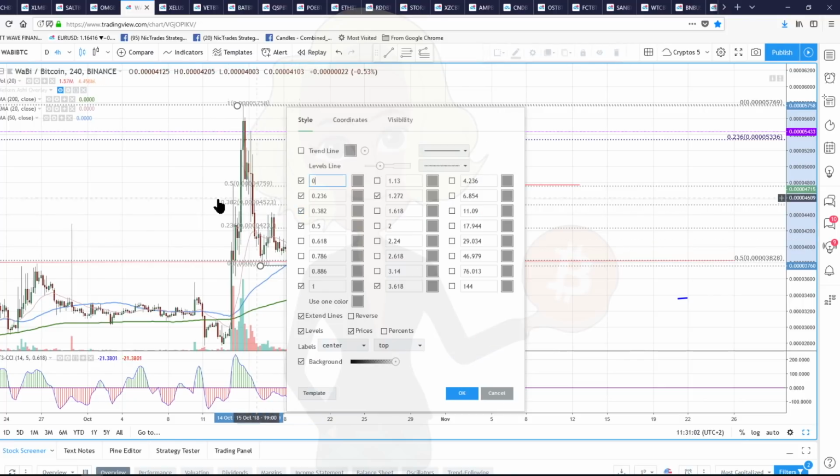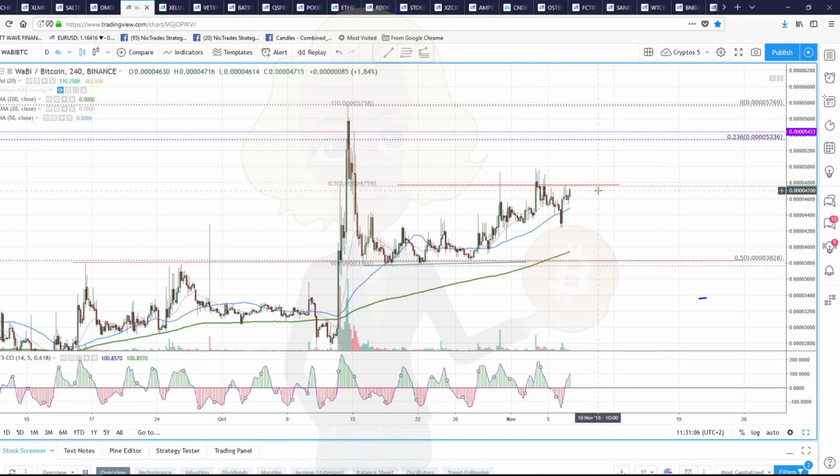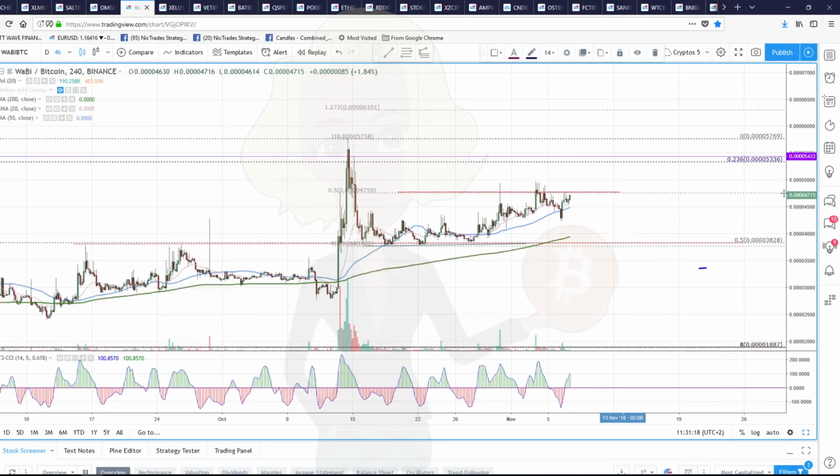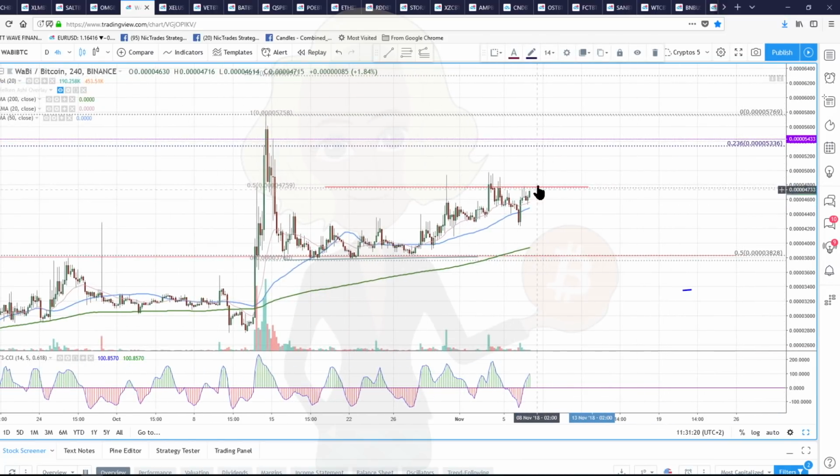Okay, if we can get above 47.64, remember we're looking back to the highs, 5,700, 5,800 in the daily 200 moving average, and then we're looking for 7,400. So this one I'm watching to break the trend and go higher in WABI. So remember, this was a 50% pullback, 50% rally.